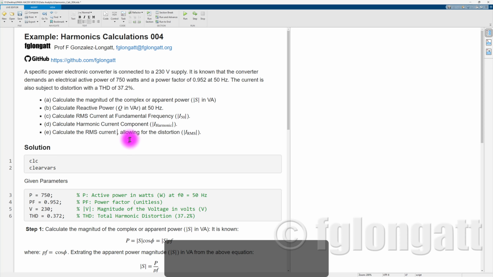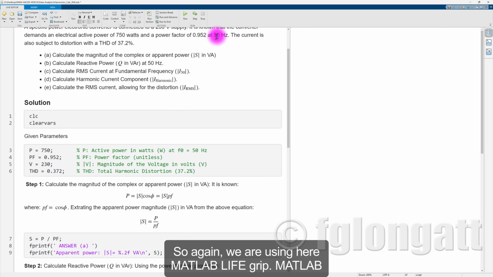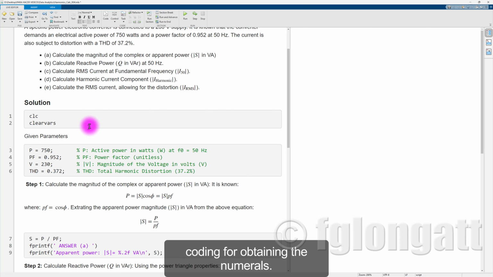Okay, so again, we are using here MATLAB Live Script. MATLAB Live Script allows us to focus more on the explanation instead of the calculations, because we can use the classical MATLAB coding for obtaining the numerical results. So let's start here.